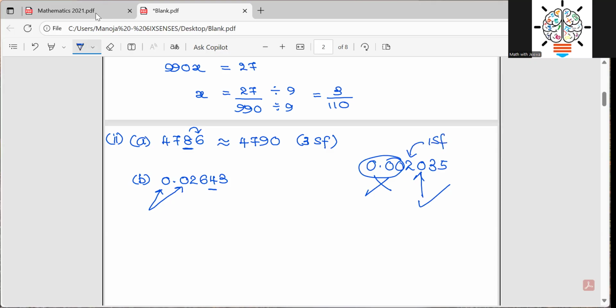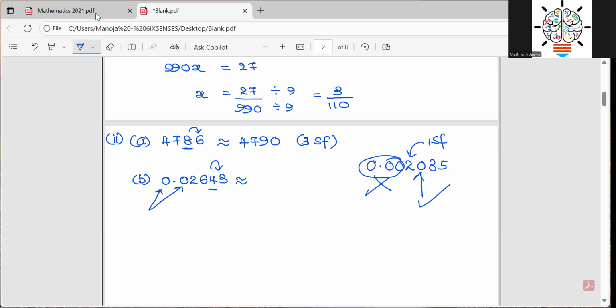If you come across a 0 which is after the first significant figure, maybe immediately or after a few digits, that counts as a significant figure, but the zeros you can see in front of the number are not significant figures, right? Now here, this is the third significant figure, and you look at the next number.